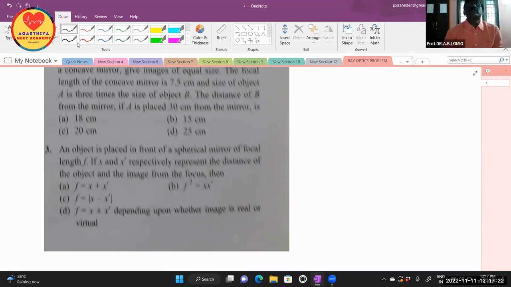An object is placed in front of a spherical mirror of focal length f.